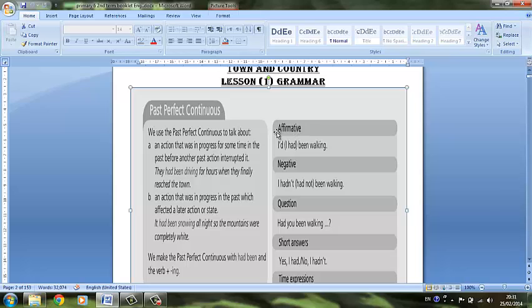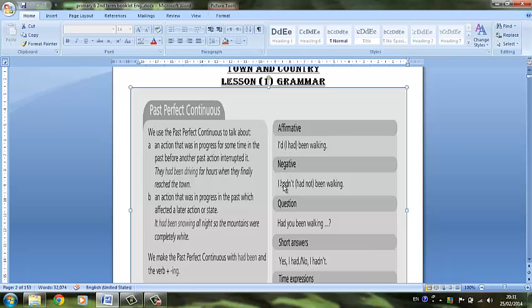The affirmative is formed by had plus been plus the verb plus ing, like I had been walking. And what about the apostrophe D? If I want to use the short form of had, I'm going to cross the H and the A and I'm going to write the apostrophe D.